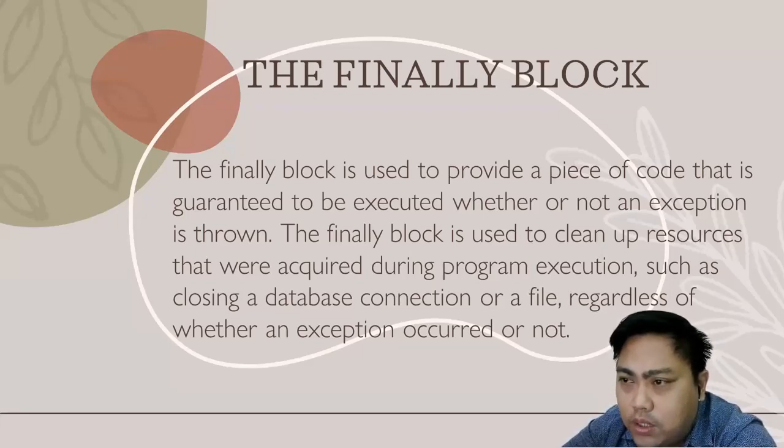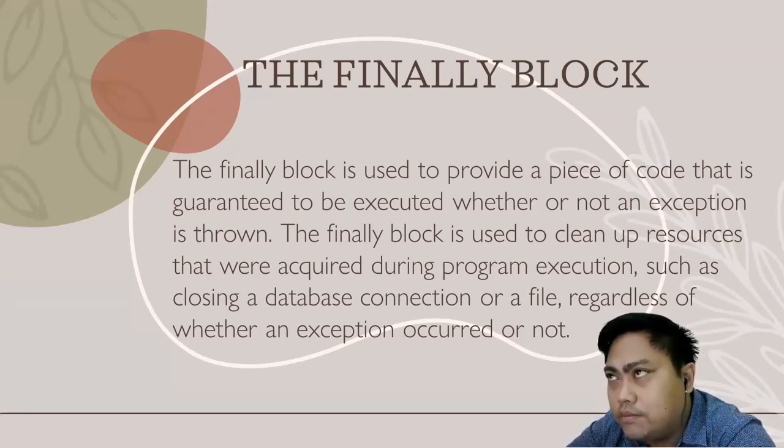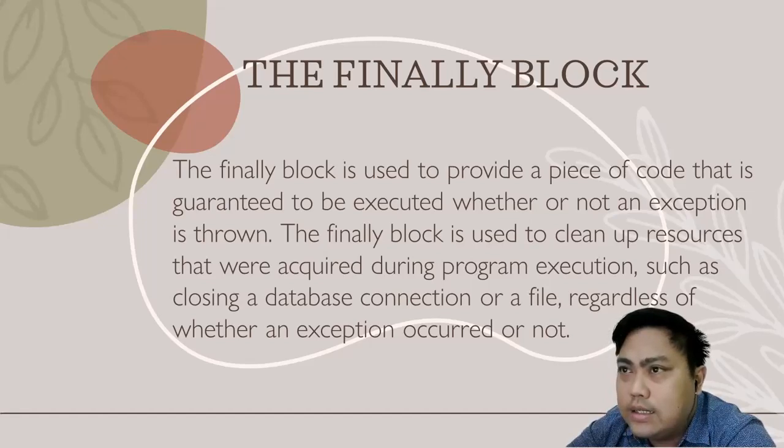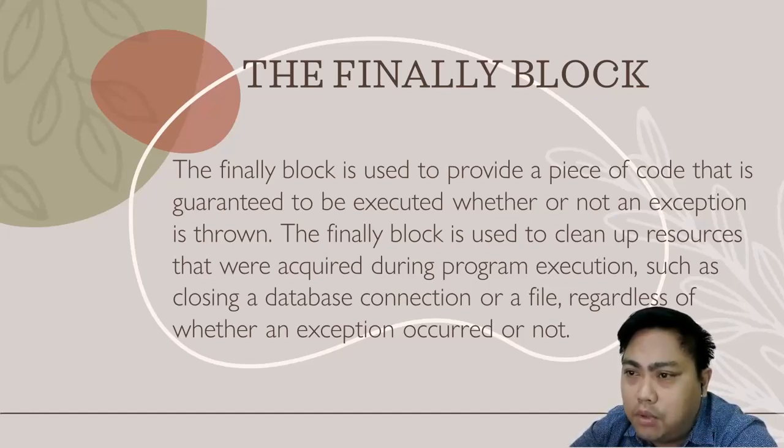The finally block is used to clean up resources that were acquired during the program execution, such as closing a database connection or closing a file, regardless of whether an exception occurs or not. Basically, whether an error occurs or there's no error, the code that we place inside this block will be executed.